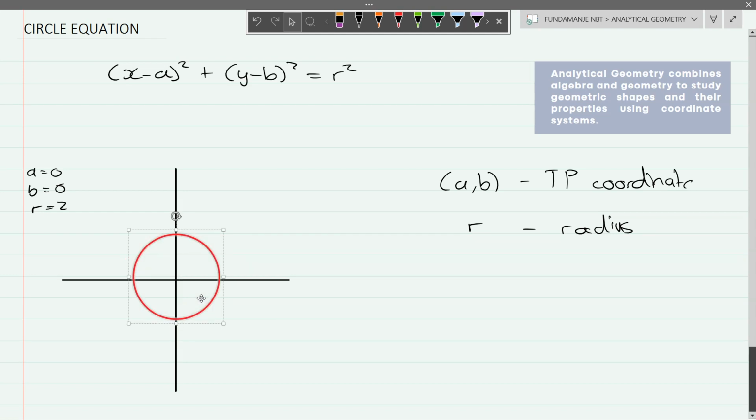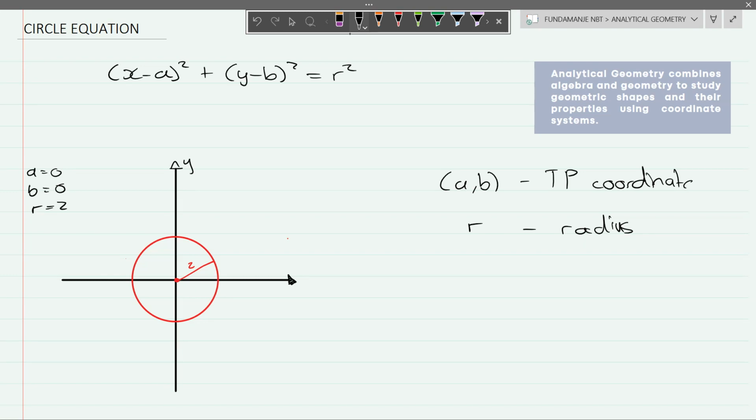I can't get it to be exactly centered, but the idea is there, where any distance from the origin up to the circumference of our circle will amount to 2 units. So this is our y-axis and that is our x-axis.